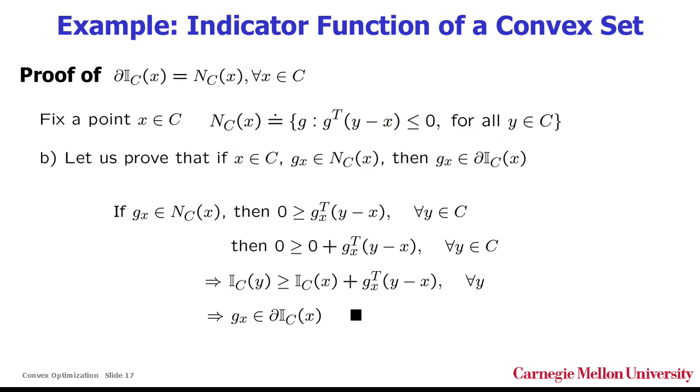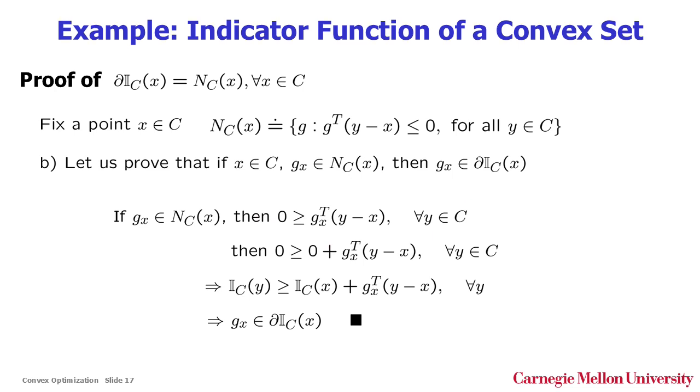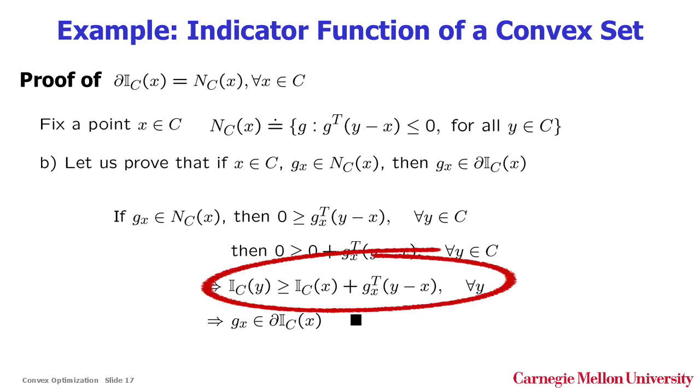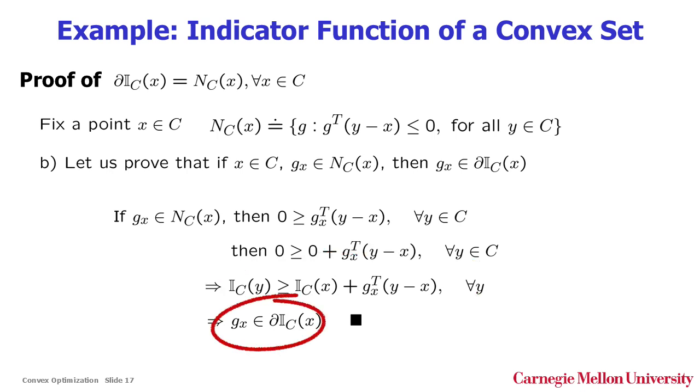By the definition of the normal cone, gx transposed (y minus x) has to be negative or 0 for all y in set C. Therefore, this inequality holds. Since y and x are in set C, the indicator function values in these points are 0. So this inequality also holds, which means that gx is a subgradient of the indicator function, and this is what we wanted to prove.